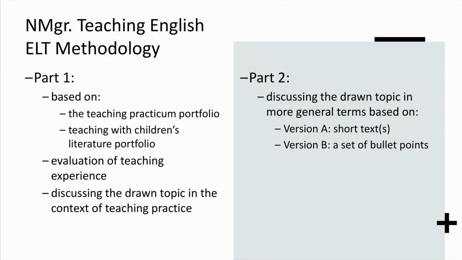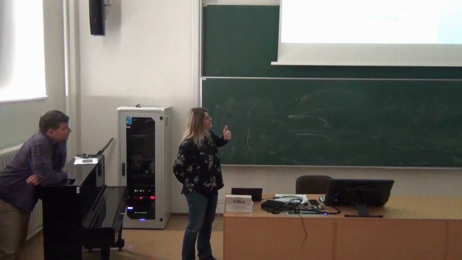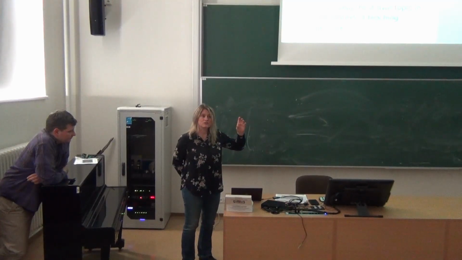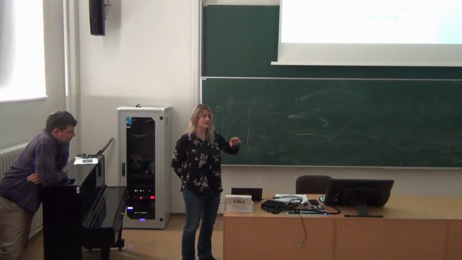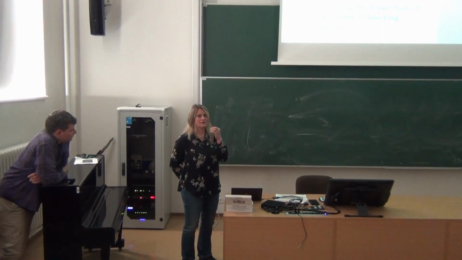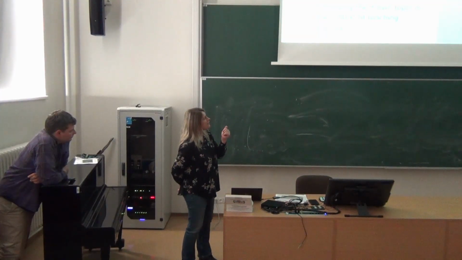This is the version A. Version B is that you get basic bullets and you can choose whether you want to do A or B. In the bullets it will be how do you teach receptive skills, what should you consider as important in pre-listening, and so on.